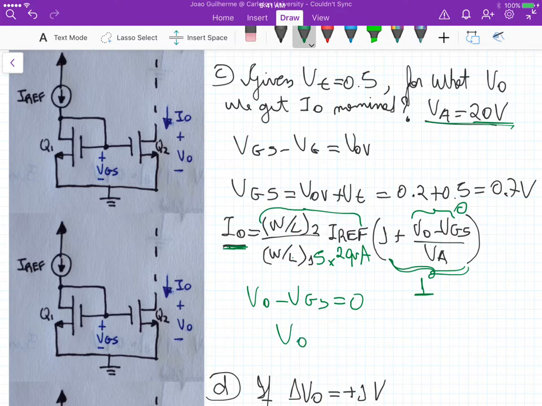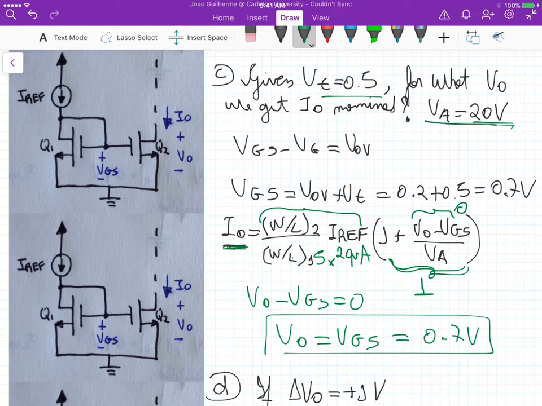In this case, V out should equal VGS, so we must have V out equal to 0.7 volts. Because if it's 0.7 volts, then 0.7 minus 0.7 from VGS gives this factor equal to 0, and then this entire thing multiplies by 1, and we get the nominal current.